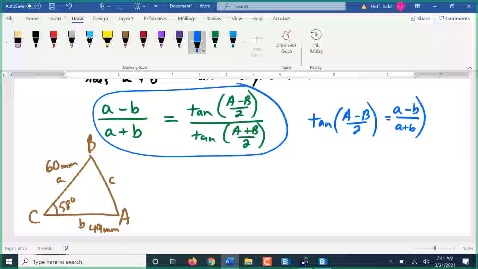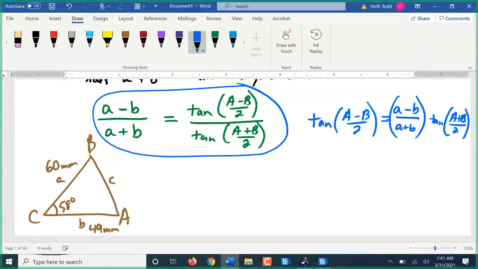The other side, we still have the sides, (a minus b) over (a plus b), times the tangent of (a plus b) over 2.